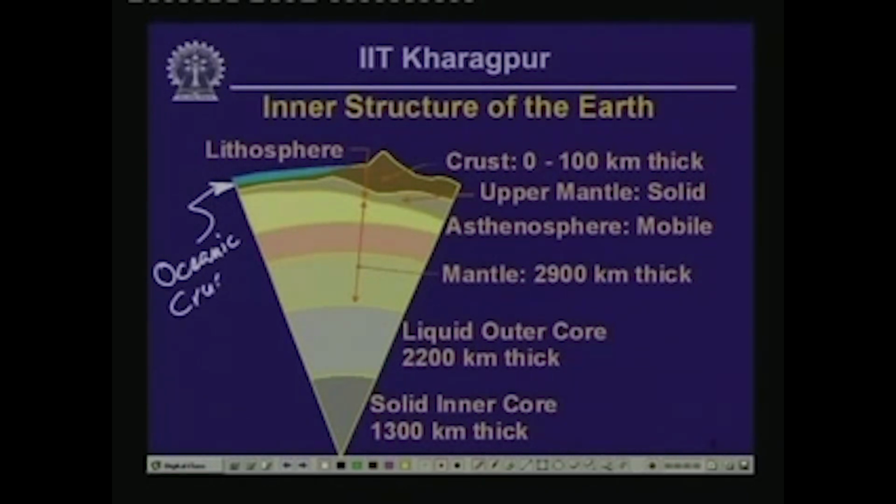You can see that oceanic crust is relatively much thinner in comparison with continental crust. This part here is continental crust, and this is the ocean that I have shown on this sketch. Okay, so that is the structure of the earth.